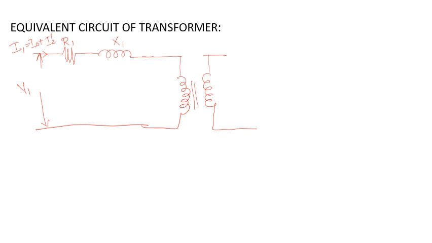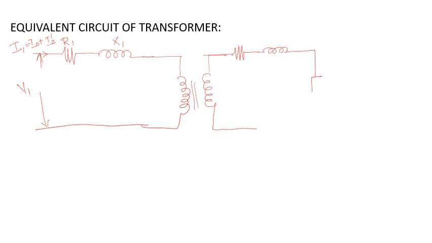In the previous video, I have already explained how the primary side current I1 becomes the sum of I0 and I2 dash, or what is the need of I2 dash here. For more details, you can refer to my previous video. Similarly, I can represent the secondary winding resistance R2 and secondary winding reactance X2 here.